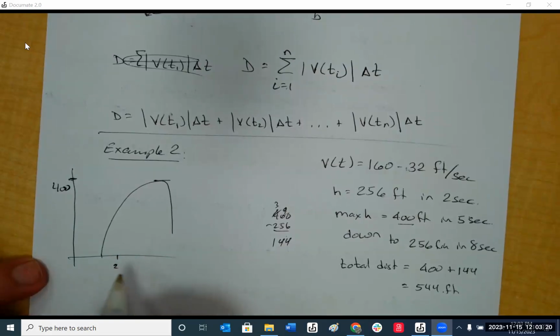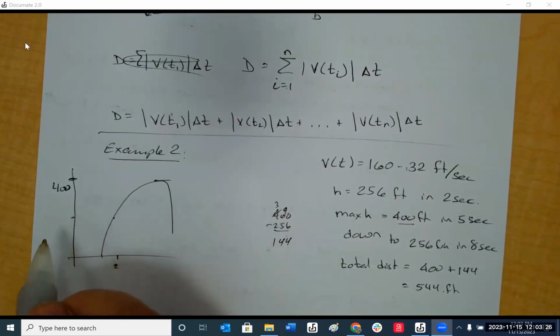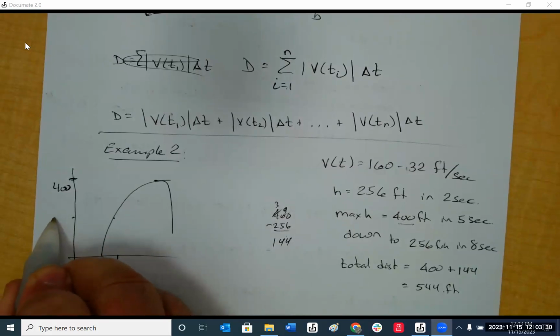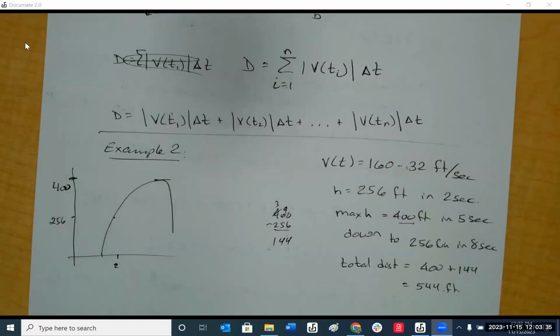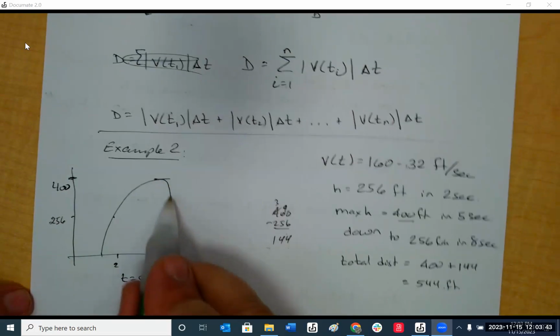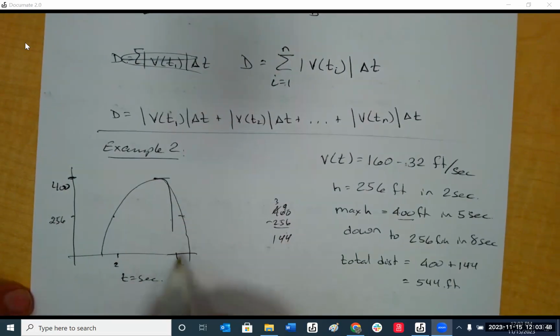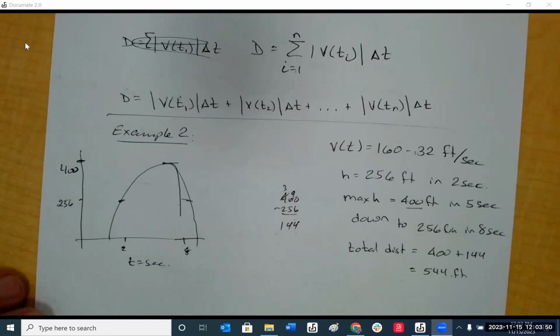And after 2 seconds, it reached 256 feet. This is time. But then again, on the way down, that should be the perfect parabola. At 8 seconds, it was also at 256.